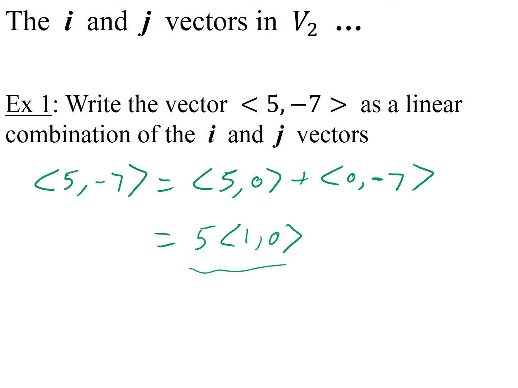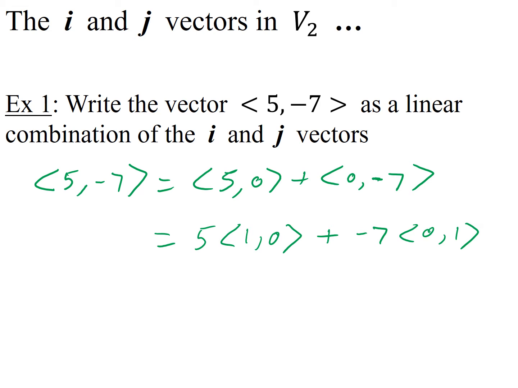You'd have to multiply the 1 and the 0 each by 5, so you'd get 5, 0. So you can write it like that, and then this is plus, and then the other one you can factor the -7 out. So -7 and then 0, 1, and you can see how that's going to work, because again, if you did scalar multiplication here, you do -7 times 0, which would give you the 0, then -7 times 1 would give you the -7.